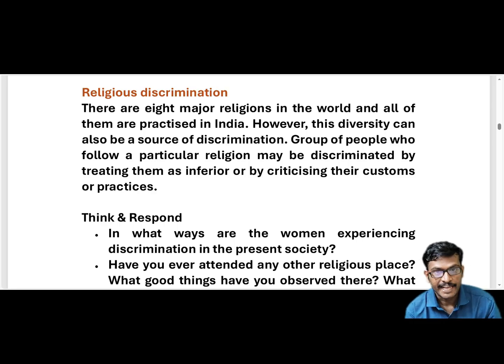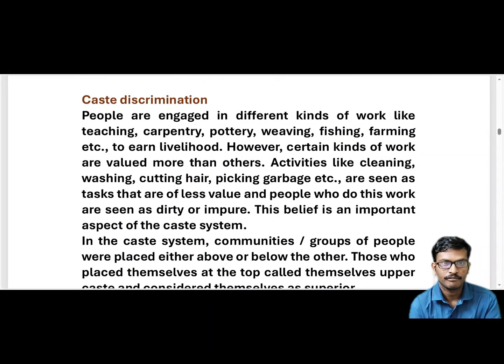Here, in caste-based discrimination, there are some kinds of work we are going to discuss: cleaning of drainages, washing clothes, hair cutting, and picking garbage, as nowadays municipalities collect garbage. These kinds of work are treated as less valued.